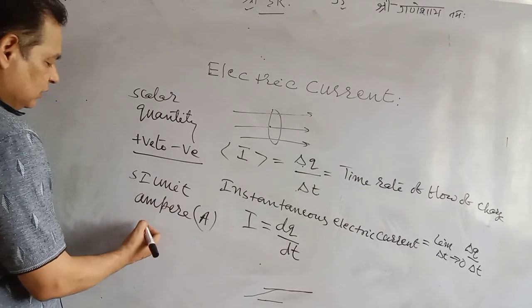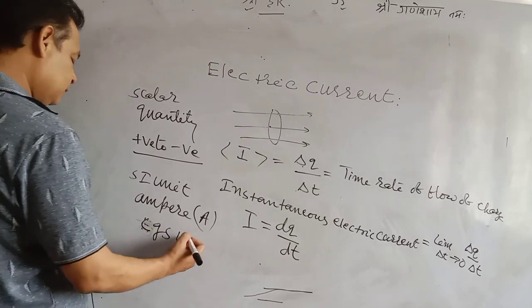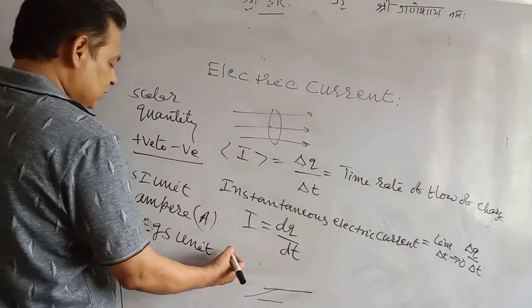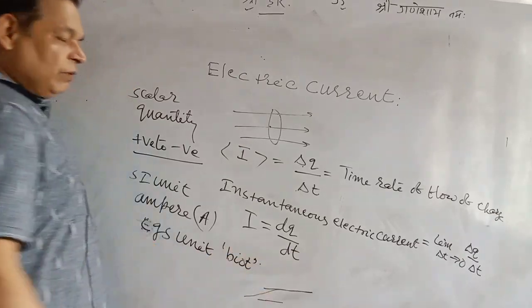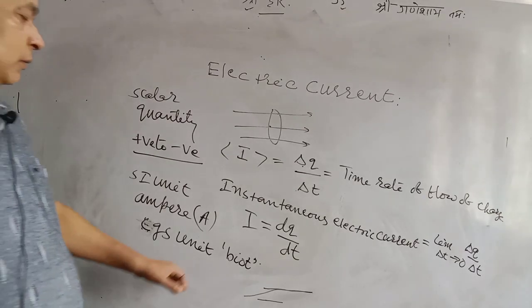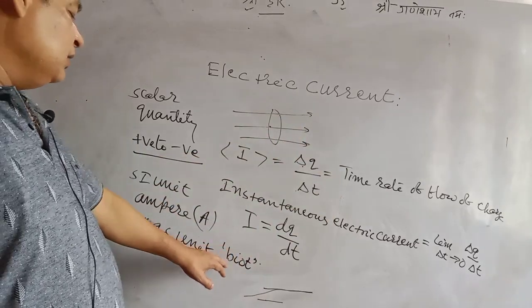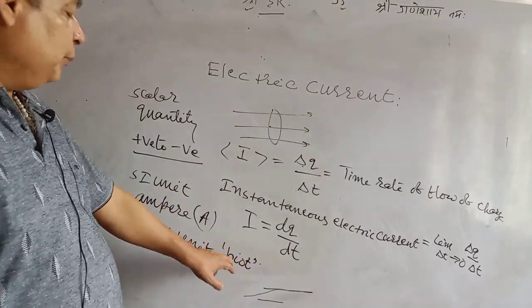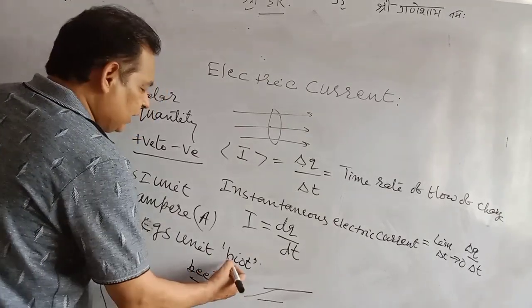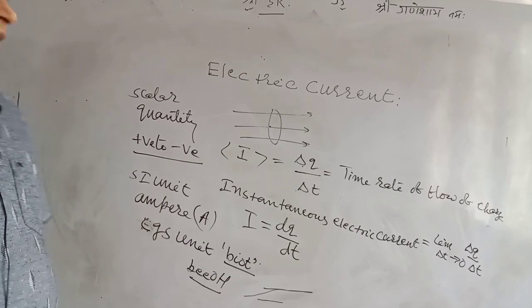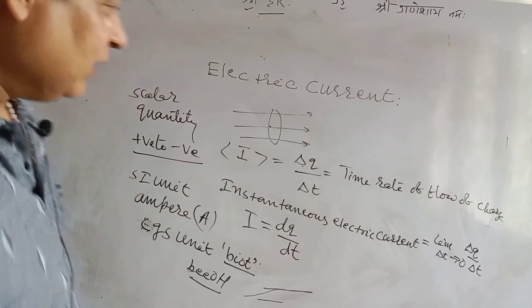Its CGS unit is biot. We will pronounce it as bo, not biot. We should say bo, but we write biot. That's the CGS unit, but the SI unit is very popular in our study.